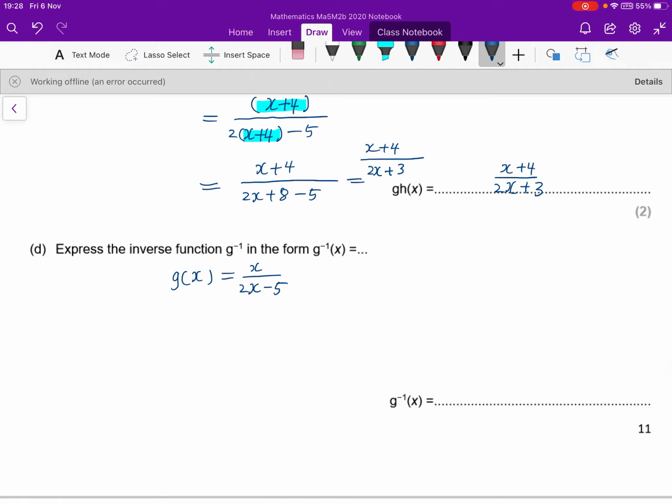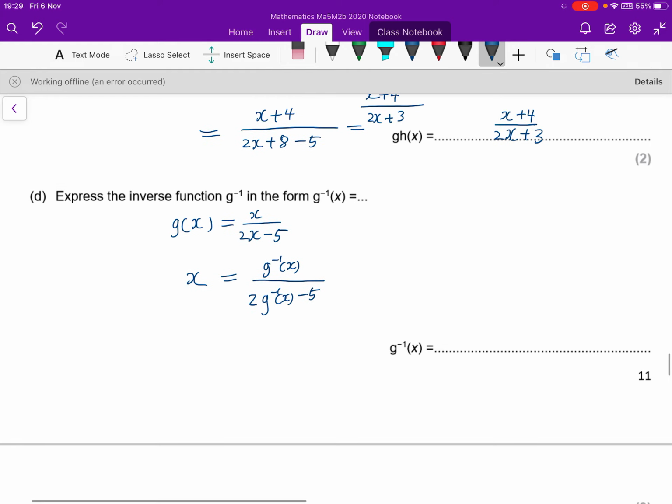So to find the inverse of g, I swap, x becomes inverse of g, 2x becomes inverse of g minus 5, and the right hand side, g(x) becomes x. So we swap places to get the inverse. So how do I find g inverse of x? Well, I have to multiply the denominator. Actually, we call this cross multiply, if you still remember.